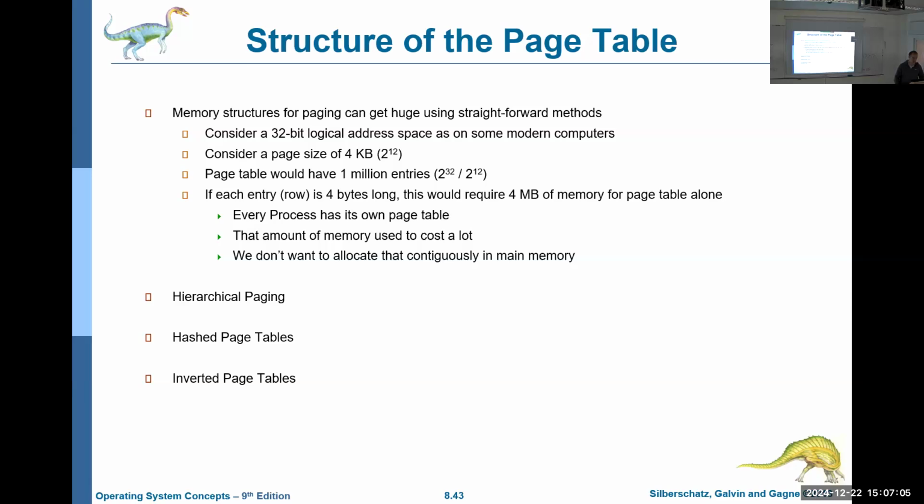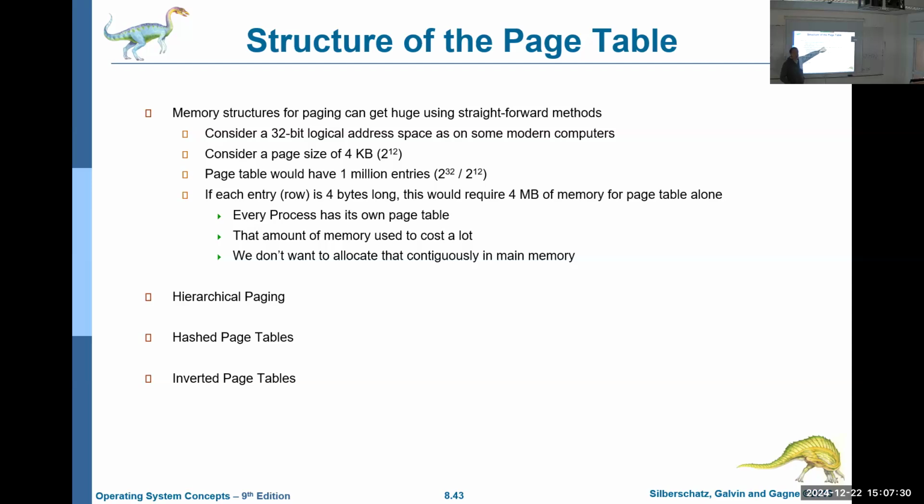Anyway, consider a page of that size. How big would the page table be? It would have to have 1 million entries. Why? Because if the slices of pie that I'm making are 2 to the 12th, and the pie is 2 to the 32nd, then how many slices do I have?